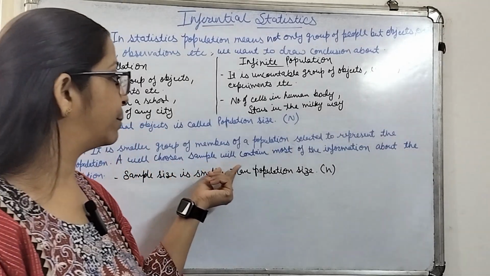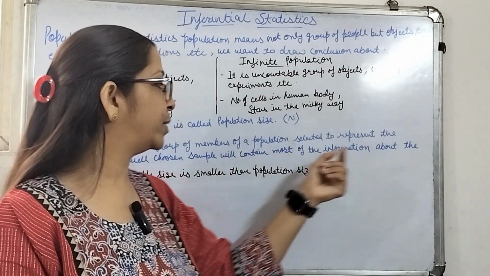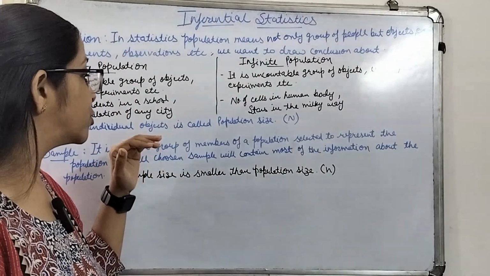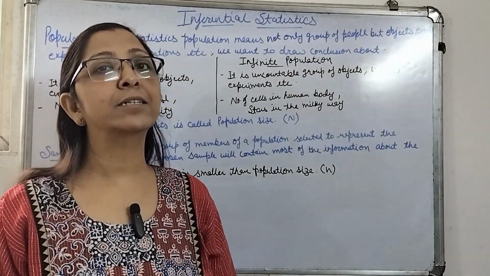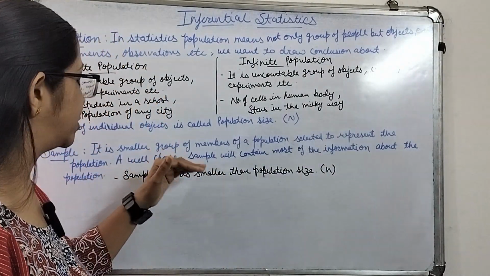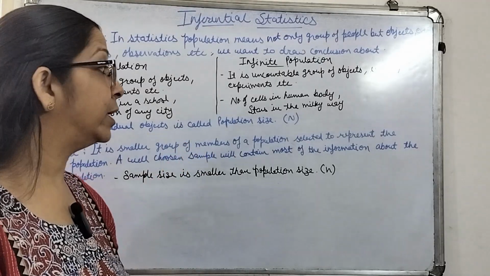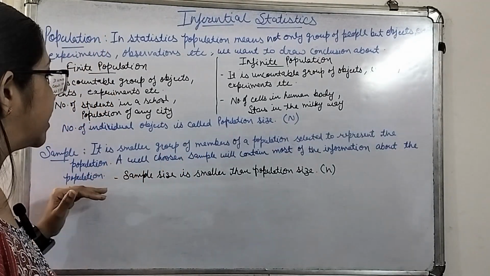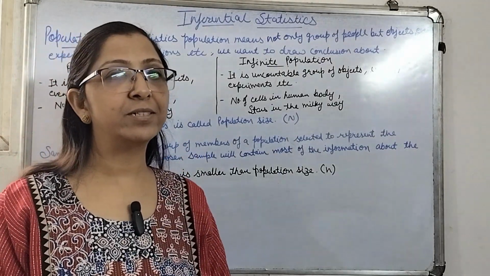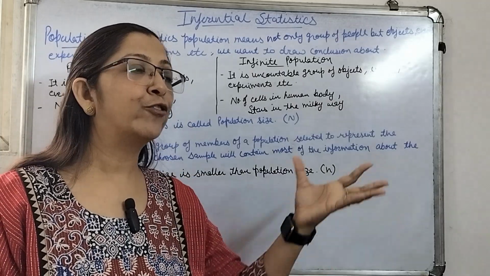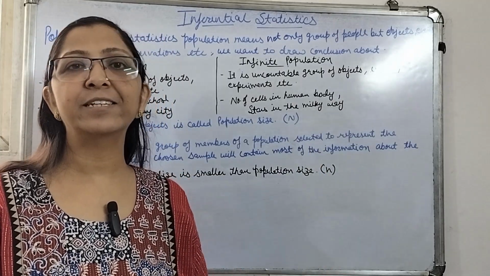A well chosen sample will contain most of the information about the population. So it is very important how to choose the sample. Because if I am measuring the literacy rate and take people from Kerala, obviously the literacy rate will be high.